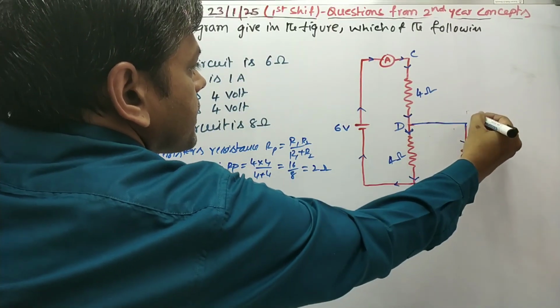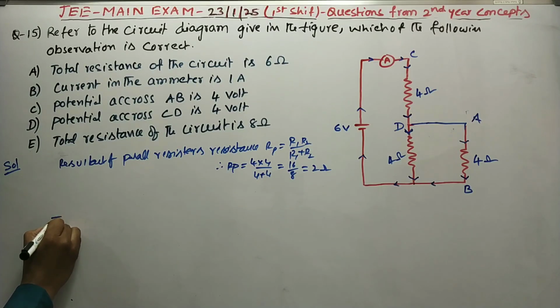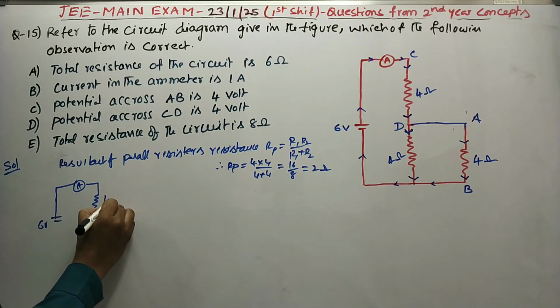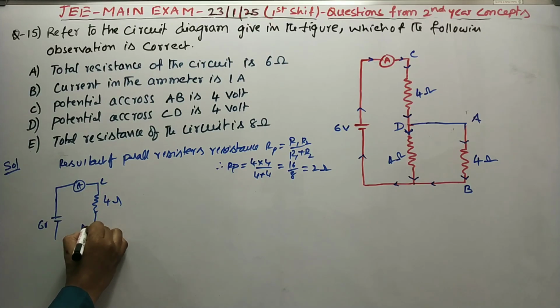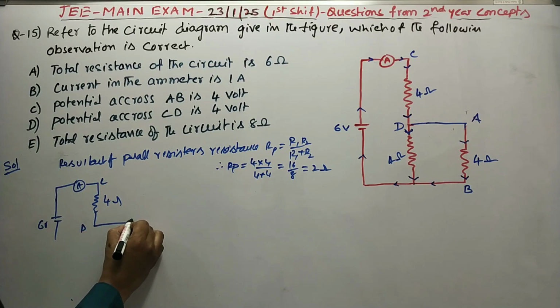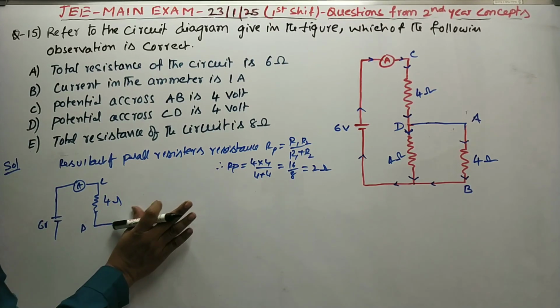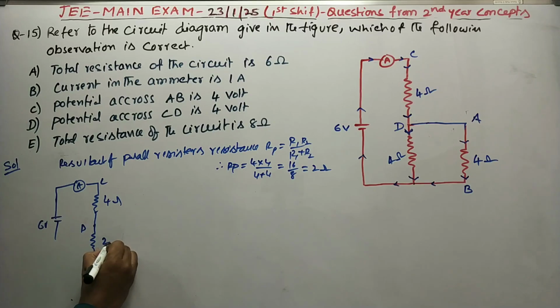Now the circuit diagram is redrawn like this. This is the 6 volt battery, this is the ammeter, this is the 4 ohm resistor. This is junction C and this is junction D. Instead of the parallel resistors, I replace them with the resultant resistance of 2 ohm.